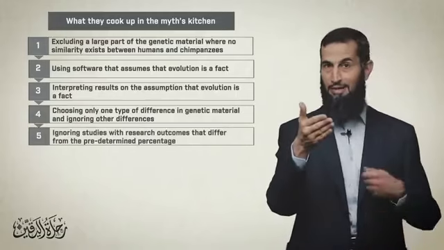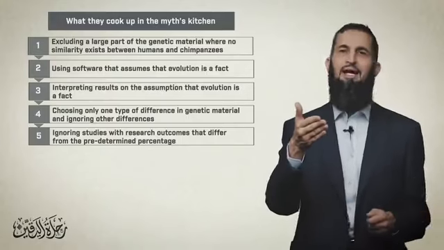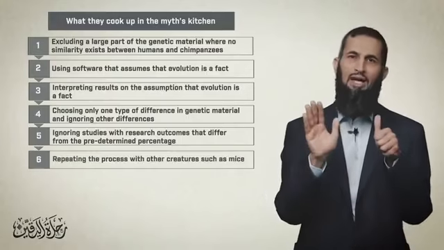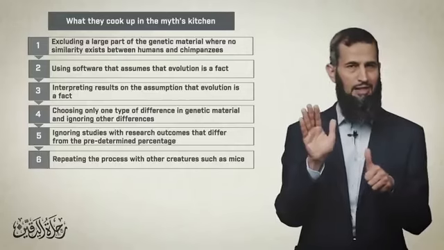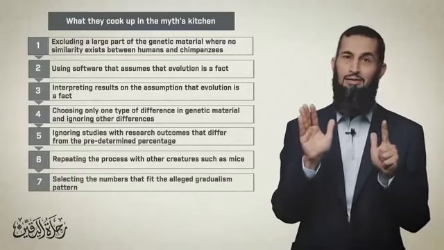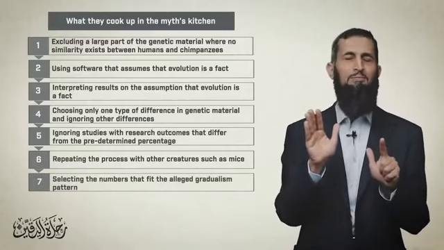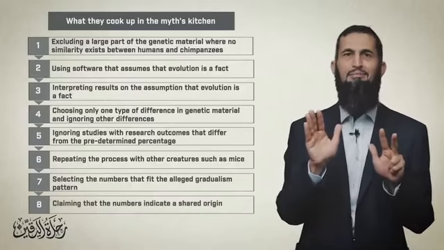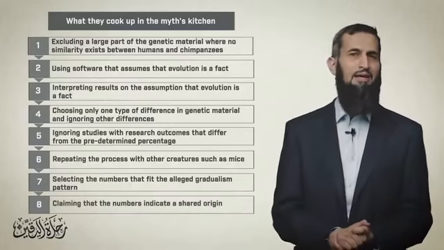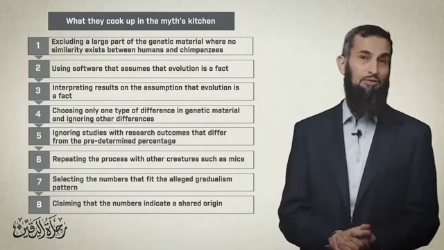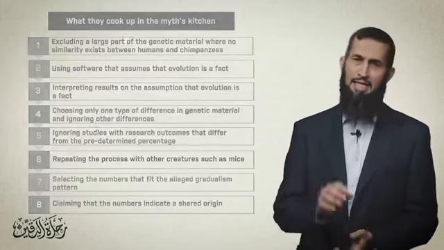Afterwards, other studies with completely different outcomes than the desired one are ignored. Then the same process is repeated with other creatures like mice. Then certain numbers that serve the alleged gradualism story are selected to claim that these numbers indicate the shared origin. Eight steps, layers of darkness, some of them upon others. But the 9th and most important step remains.